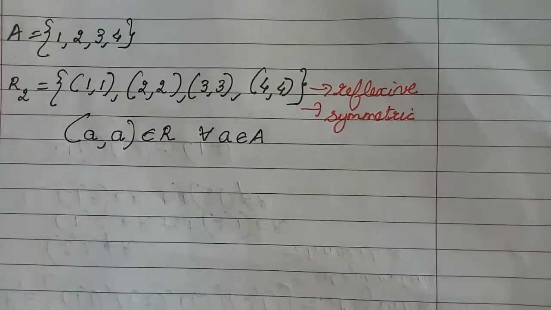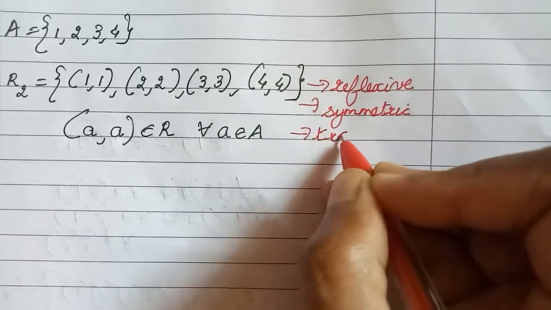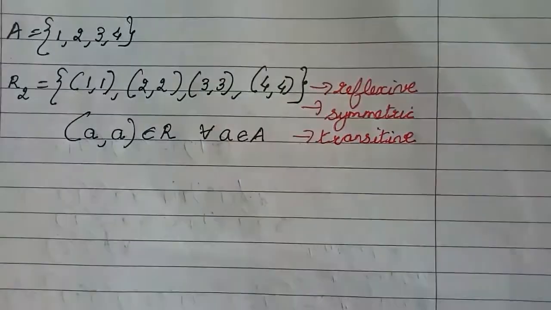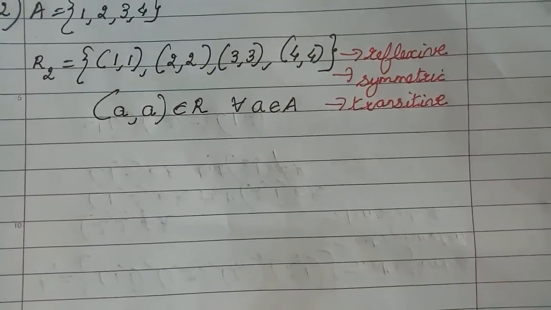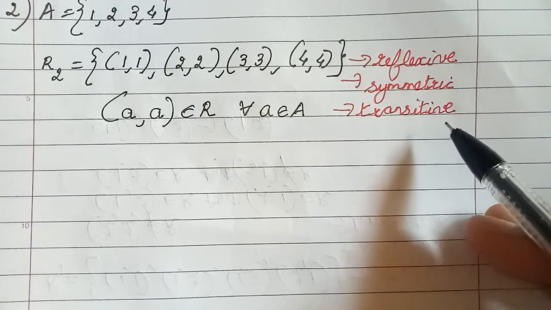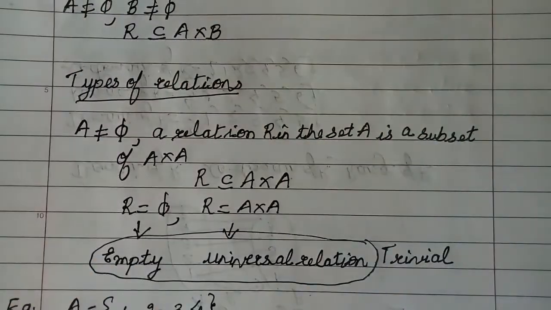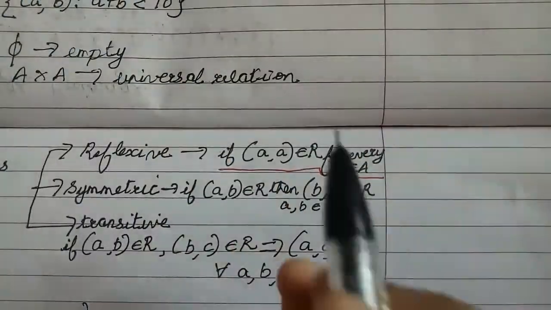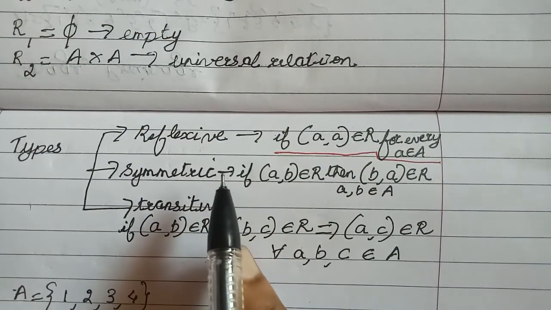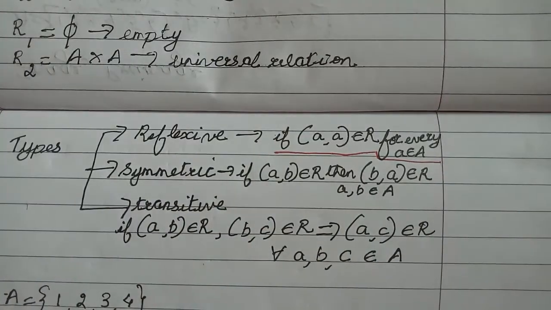That means, since the condition of transitivity is not disturbed, it is taken to be transitive by default. So this is an example of a relation which happens to be reflexive, symmetric and transitive. That means, children, if you don't have an element satisfying the conditions of the definition, I can very well take it to be symmetric or transitive by default.